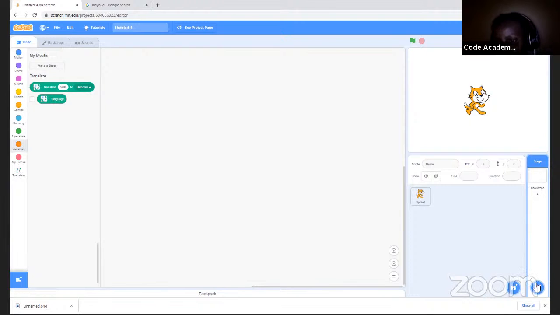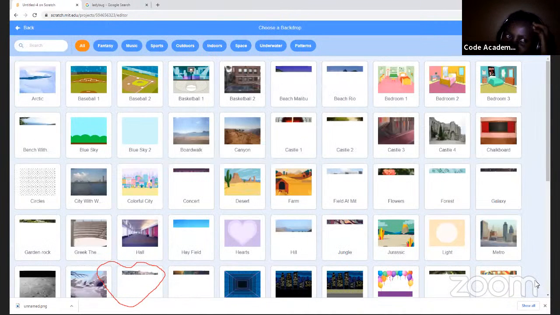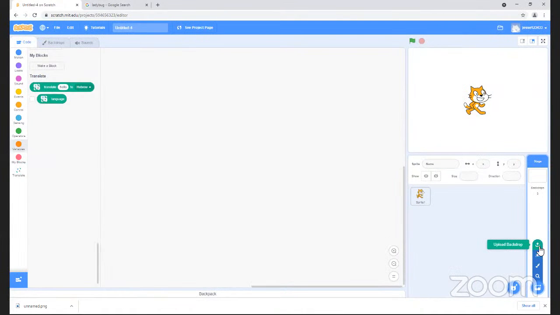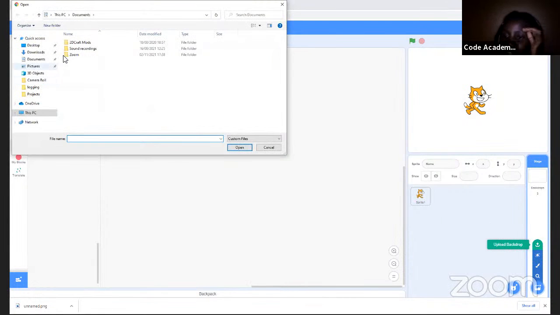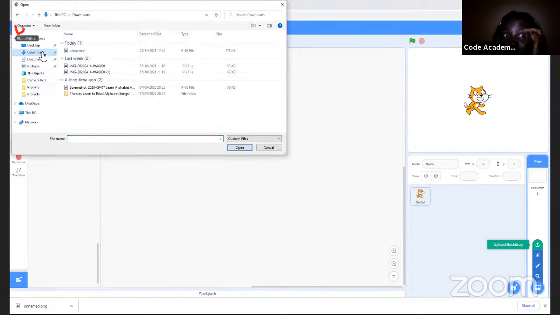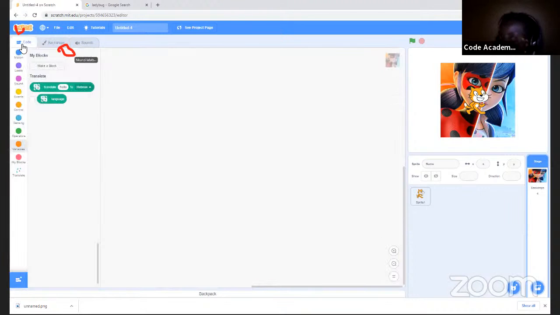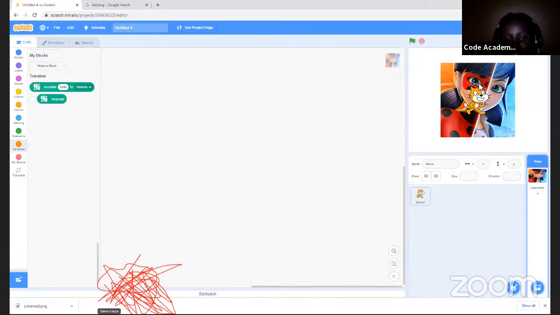If you click that, you go to upload. So Alison, when you see upload, click that. Make sure you save your image to the file. Do you see that, Alison? If you want to make any adjustments on the image, you can go back to backdrops.